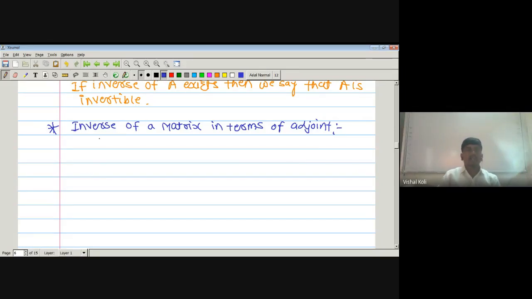Let us see. Suppose A is invertible, let A be an invertible matrix. As A is an invertible matrix, then by the definition of invertible matrix, we get A into A inverse is equal to A inverse into A, which is equal to I.